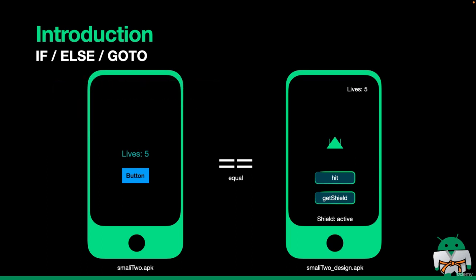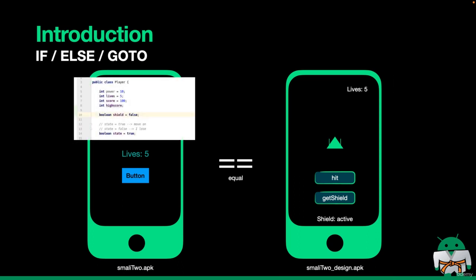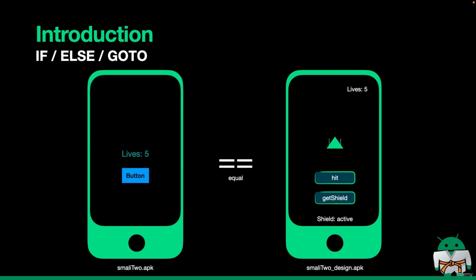So to patch this application, to start with the shield, I recommend using the Smali 2 design version, or to set the shield state to false in our mockup version. I also provide you all 3 applications in this section as an attachment. In the Smali 2 design version, you have some sort of visual output. In the Smali 2 no shield version, you shouldn't lose a life after patching it.